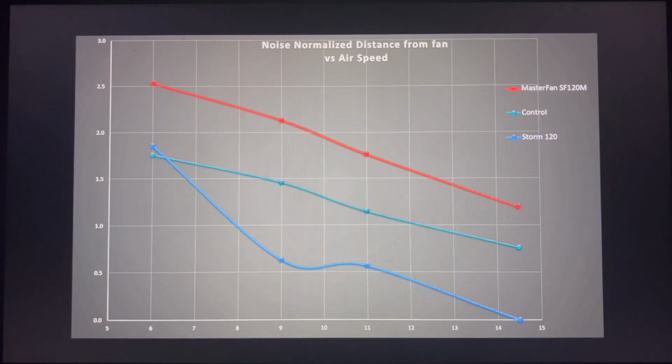But keeping along the same trend of these type of graphs, we're going to be taking a look at my noise normalized results versus my control fan. My control fan is based off of the Noctua NF-A12x25 with a little bit of A14 from Noctua mixed into it, because I wanted better air velocities, basically at the 14.5 inch mark that you get with a 140 millimeter fan.